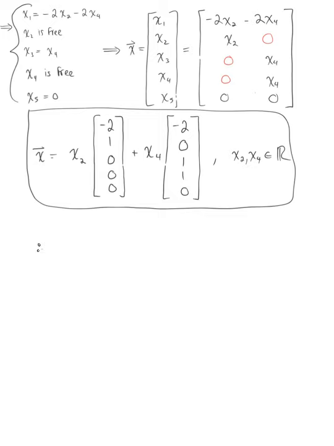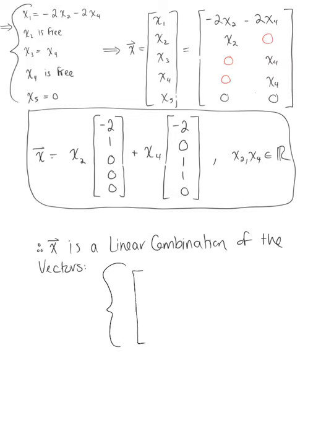So we can say that therefore vector x is a linear combination of the vectors -2, 1, 0, 0, 0 and the vector -2, 0, 1, 1, 0.